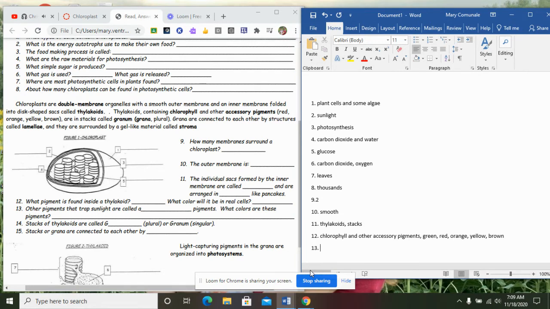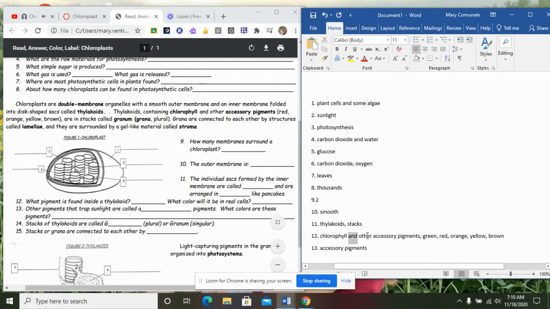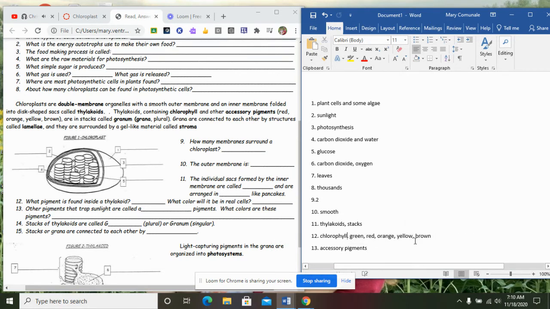Other pigments that trap sunlight are called accessory pigments. I guess I could take that out from up here, and I can move those colors down here.